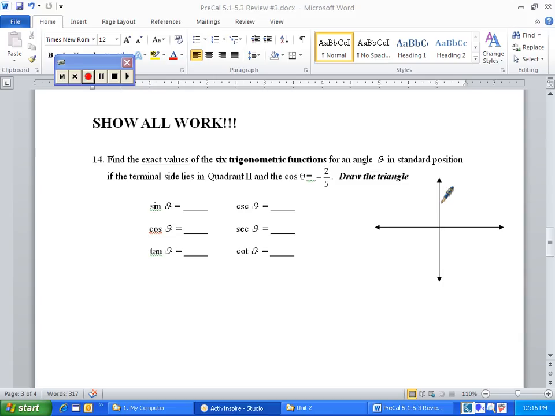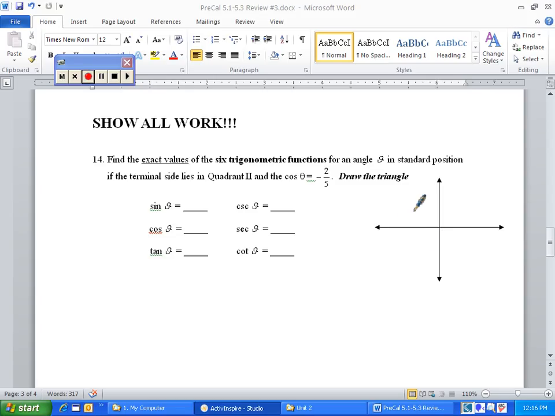We know that our x value is negative 2. So we're going to go left 2 up to 4.58. And that's where our terminal side will be. Our initial side is always the x-axis. So we will draw a theta there, and we have a really, really small triangle. This value here is 5. Our x value is negative 2, and our y value is square root of 21.